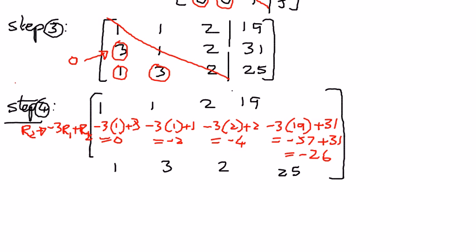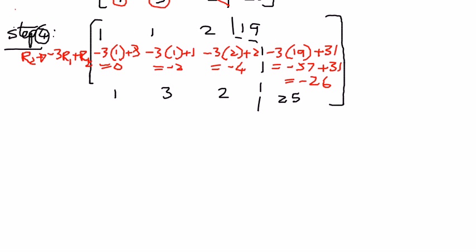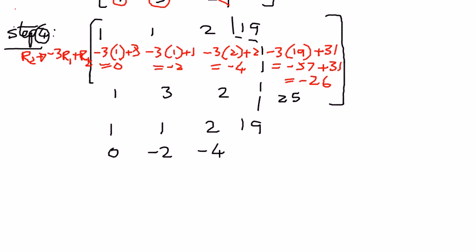If I were to write this in a neat manner, this is how it's going to look like. We have 1, 1, 2, 19, and then we have 0, negative 2, negative 4, negative 26, and then we have 1, 3, 2, and 25.